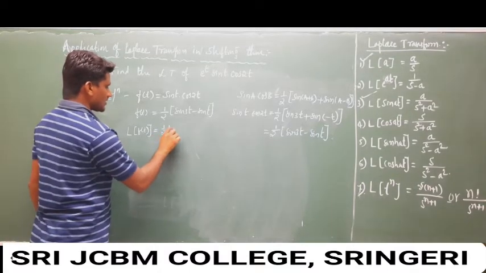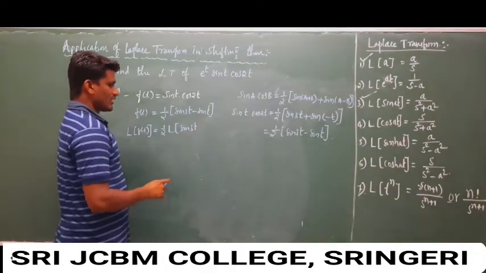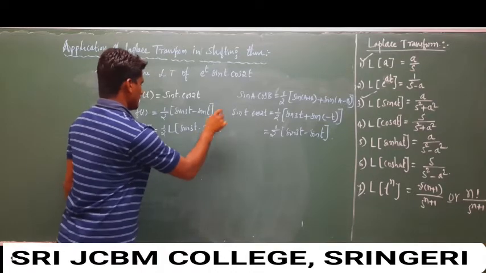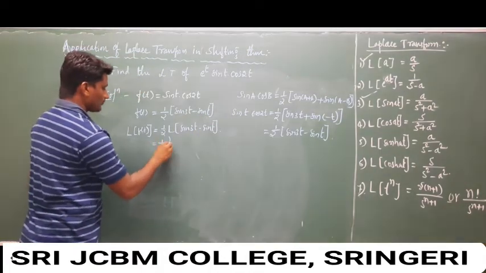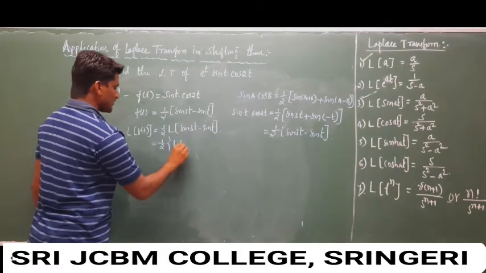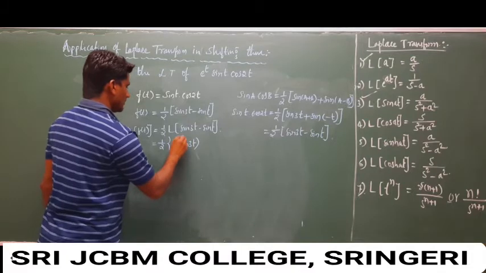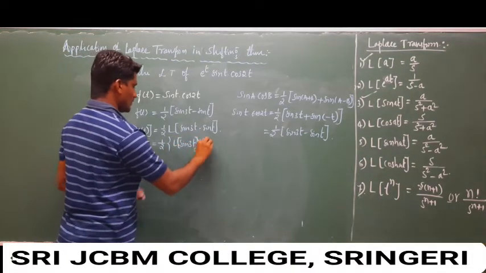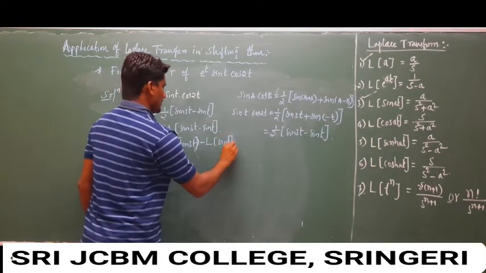Apply the Laplace transform: F of s is equal to 1 over 2 times the Laplace transform of sin 3t minus sin t. So again simplify: 1 over 2 times the Laplace transform of sin 3t minus the Laplace transform of sin t.